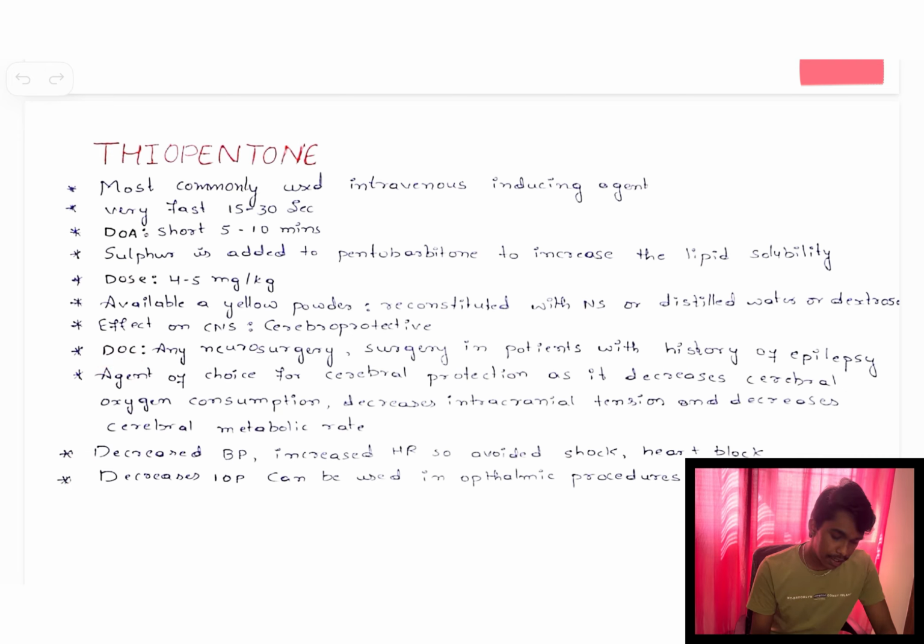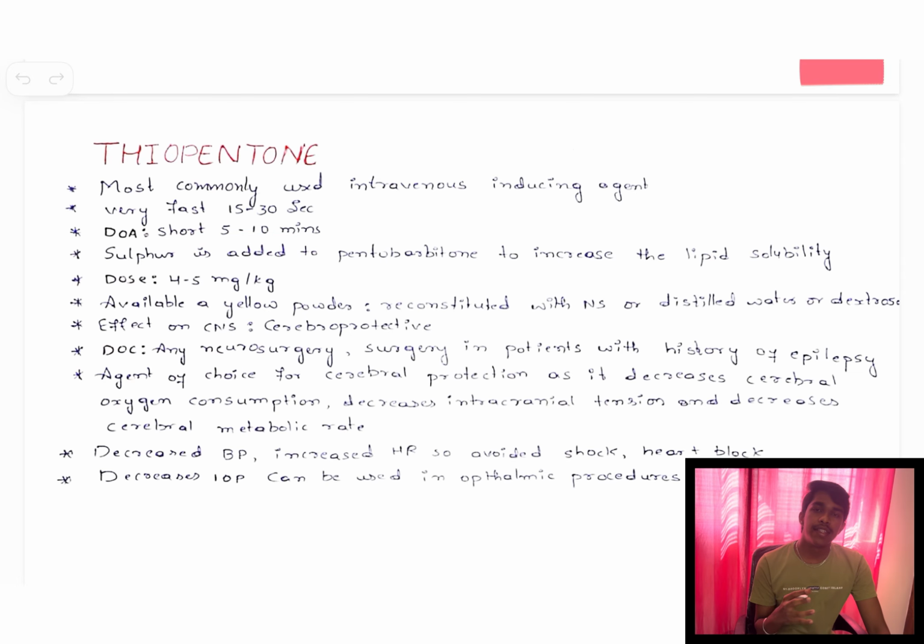Okay, we will start. Thiopentone is the most common intravenous inducing agent. Onset of action is very fast. It only takes 15 to 30 seconds to act when administered. Duration of action is short, 5 to 10 minutes only.